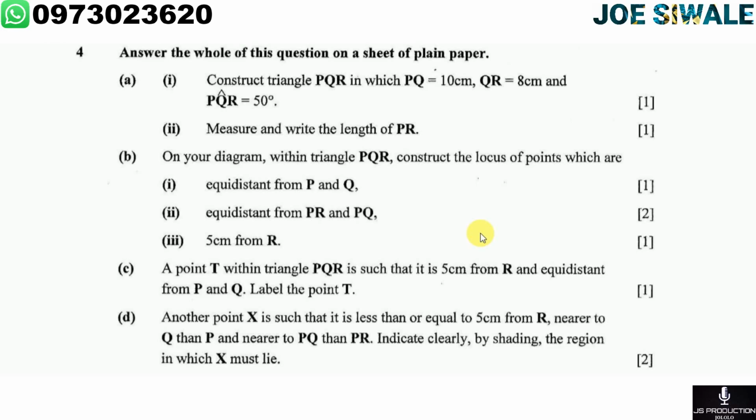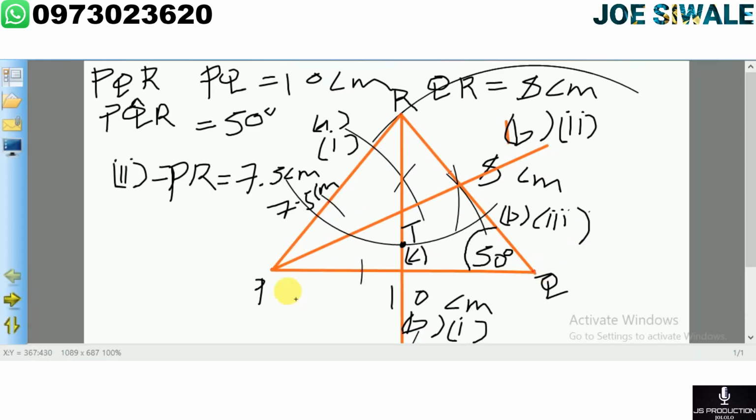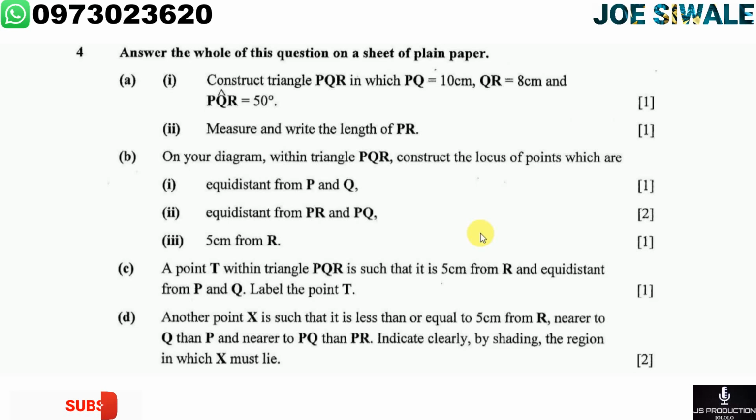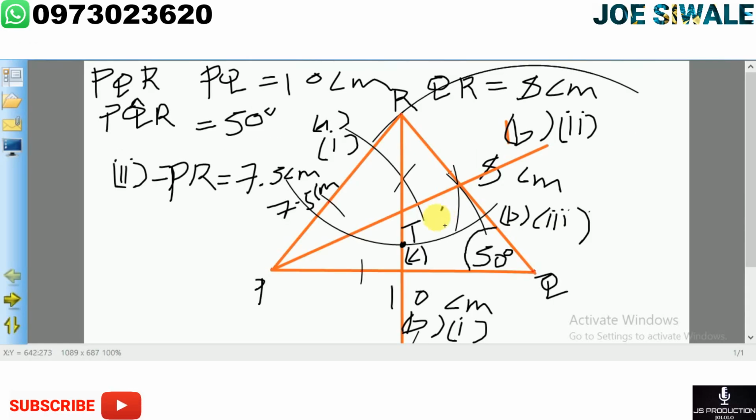So it is nearer to PQ than PR, and the line that divides PQ and PR, it is this line here. So this means the region must be somewhere here. The question proceeds, indicate clearly by shading the region in which X must lie. So X must lie here.